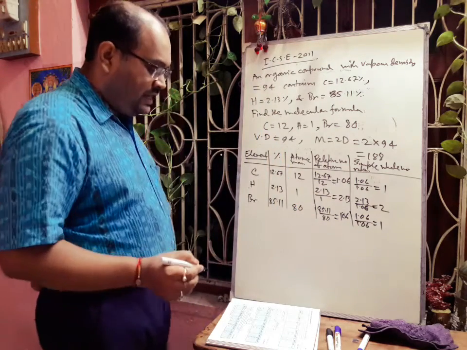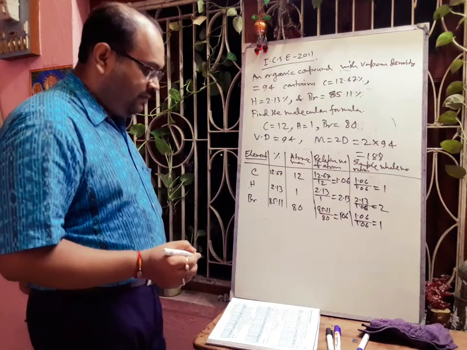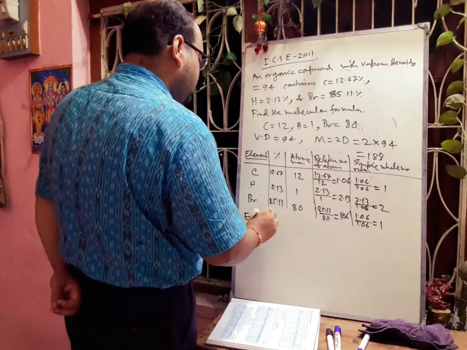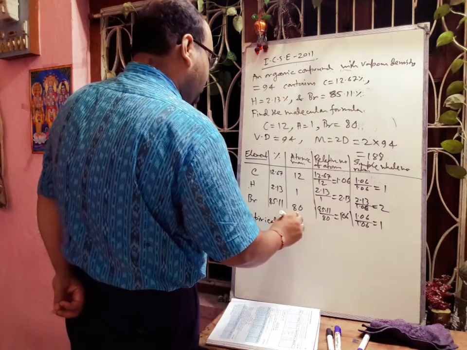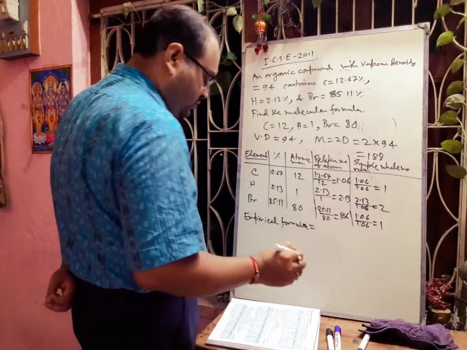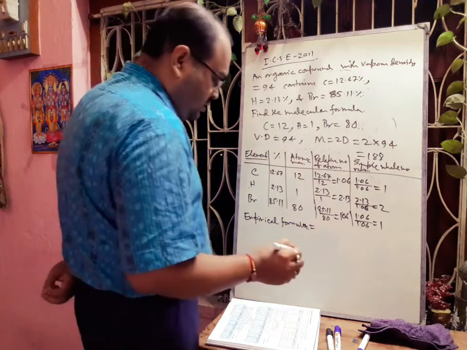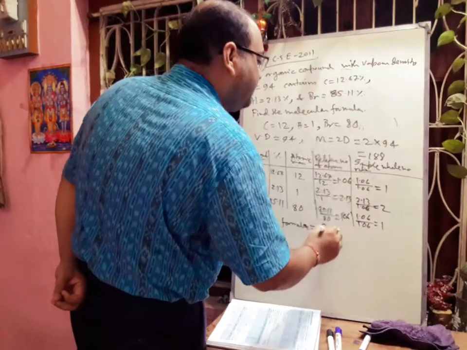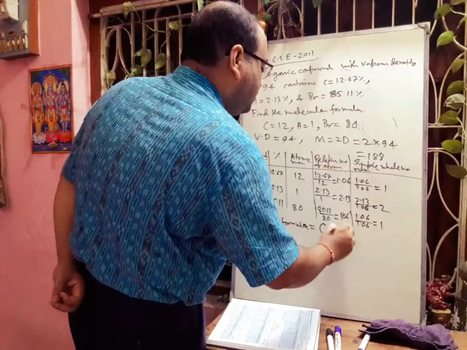So from here we can easily write the empirical formula. The empirical formula will be CH2Br.